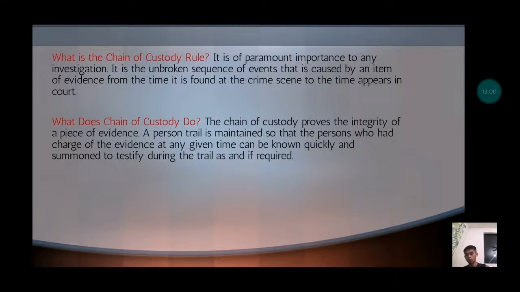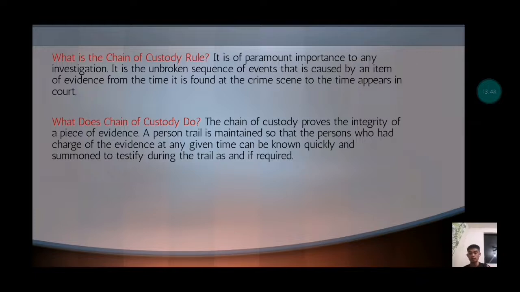So, what is the chain of custody? It is of paramount importance to any investigation, and it is an unbroken sequence of events that is followed by an item of evidence from the time it is found at the crime scene to the time it appears in court. Every link in this chain is documented, from discovery at the crime scene through evidence gathering, storage, lab analysis, return to storage, and transfer to court.